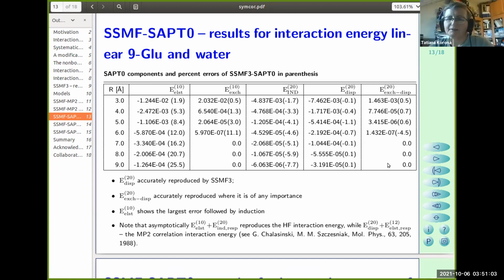But we have actually done some CCSD(T) calculations just to calculate the correlation energy at the CCSD level, with SMF and non-SMF, and the error for the correlation energy was exactly as small as for MP2. Okay, thank you.